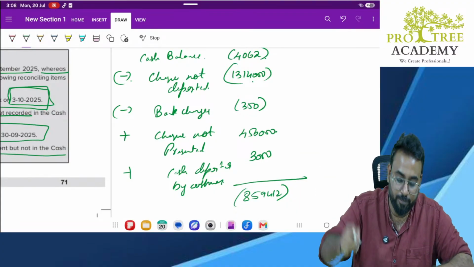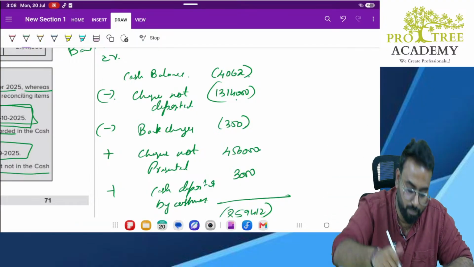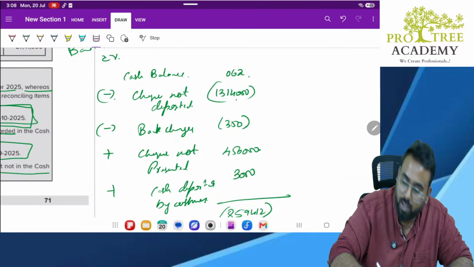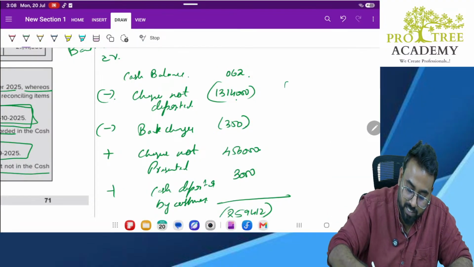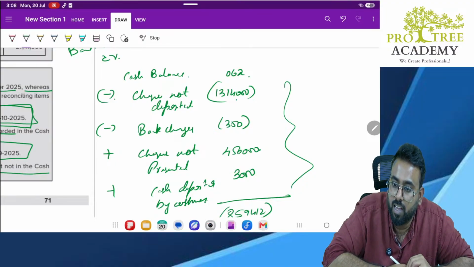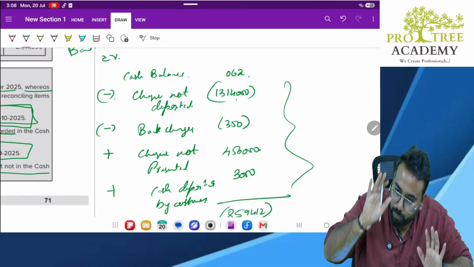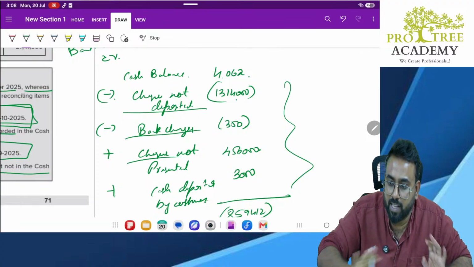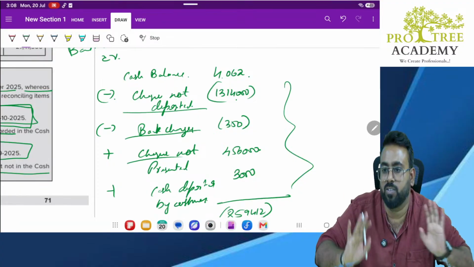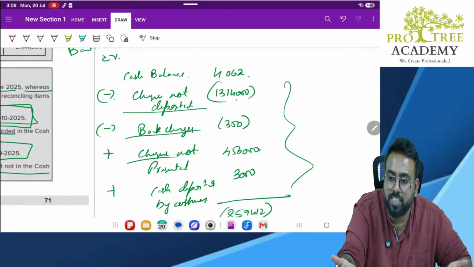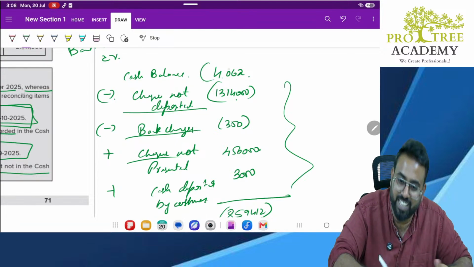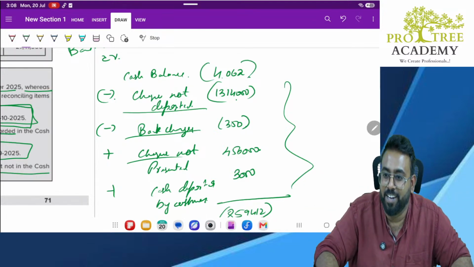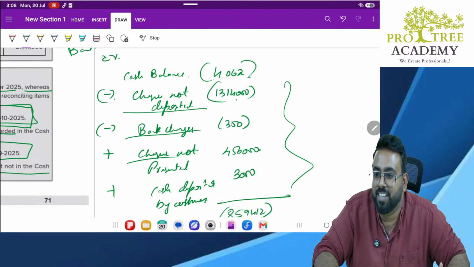See, if my cash balance was positive, would there have been any changes in this? Even if my cash balance of 4062 was positive, would I have made any changes in this minus and plus? I wouldn't have done anything, it would remain as it is. So why have you changed? Just because minus here gave you some different views, it's not required, sir.